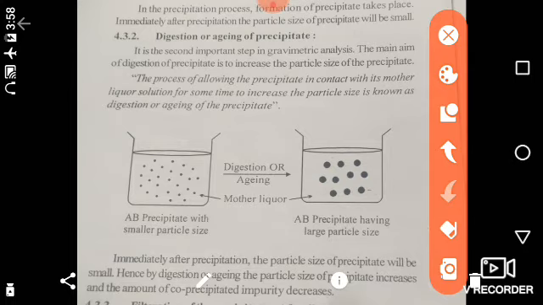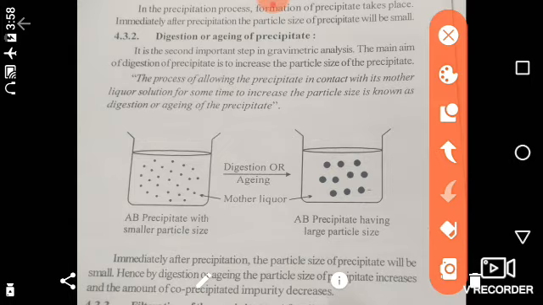So this is about the digestion or the aging of the precipitate. The main aim is to increase the particle size as well as to decrease the co-precipitant impurities, or to decrease the co-precipitation.